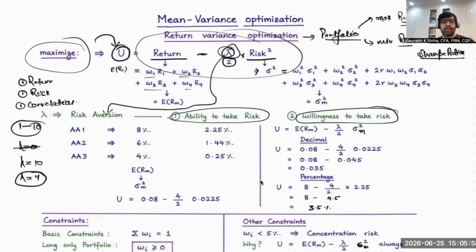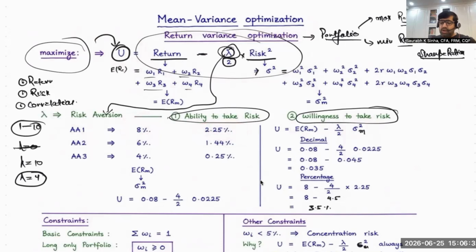But what you know is that you can assign different weights. So assume you took asset allocation one, you have given certain random weights. You got this return and this risk, right? You put these values into what? This utility function, which is return minus lambda by 2 into the variance of that particular asset allocation, right? For example, this is 8% and this is 2.25%.